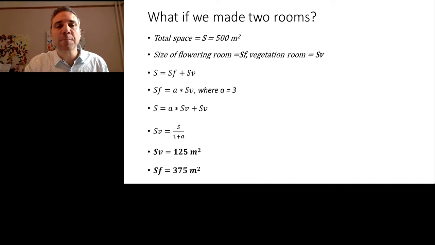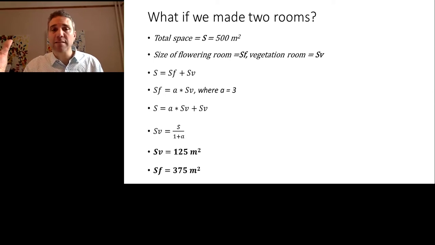So the flowering plants are going to be some factor larger than the vegging plants. In this example, we're going to assume that a flowering plant at its maximum size is 3 times larger in volume than a vegging plant at its maximum size.